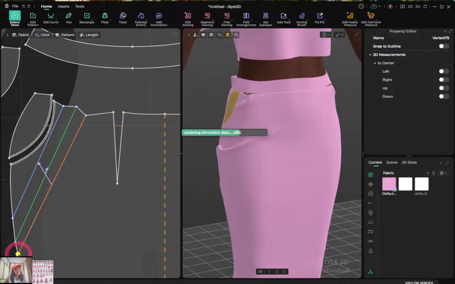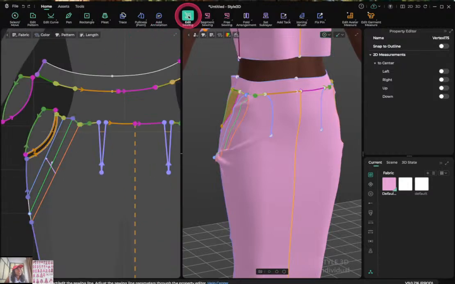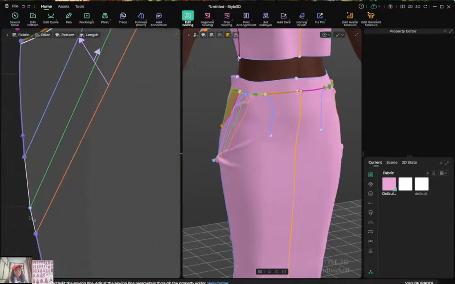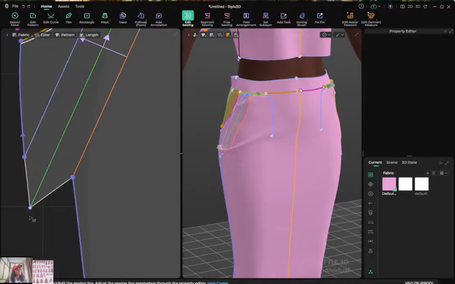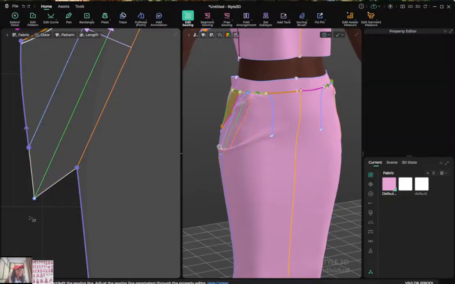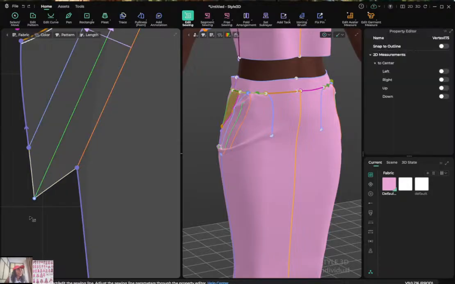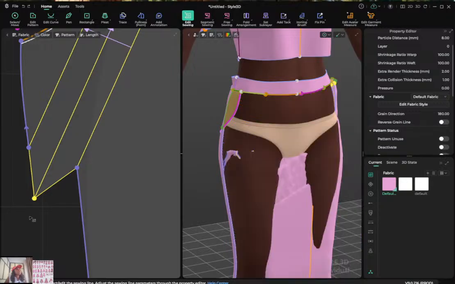Okay. Ugh. Today's challenge is really challenging. I should have kept it to the simple skirts.